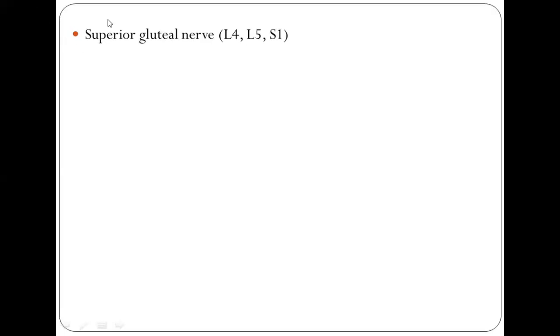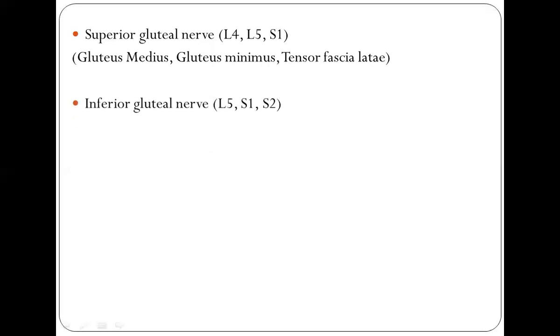Whoever's brave enough just to name the muscles supplied by each of these nerves. Yes, Lakshmi. Ma'am, gluteus medius, gluteus minimus, and tensor fasciae lata. Very good. Very good. What about the muscle supplied by inferior gluteal nerve? Gluteus maximus. Good, good. Very good, Lakshmi.